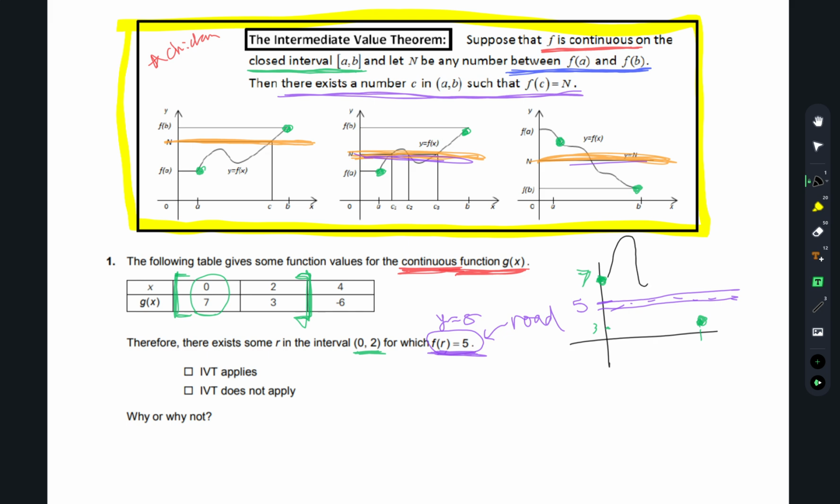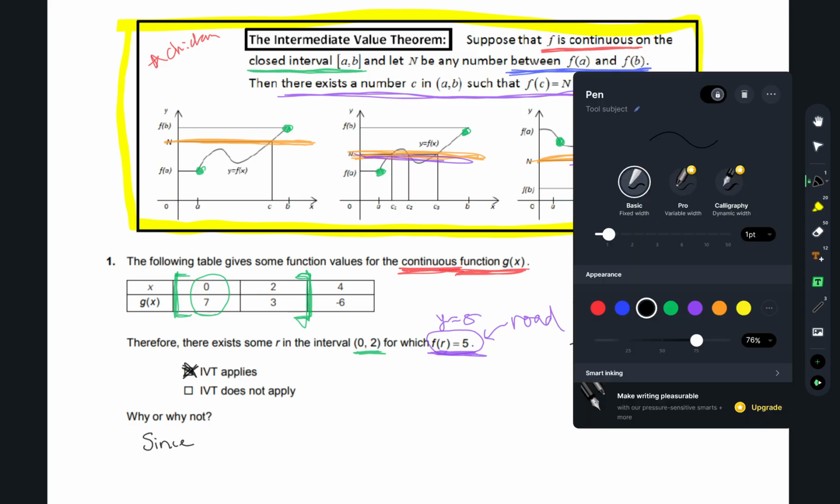Keep in mind, it can be a wild chicken. The chicken is wild, but it could be continuous. So now, as far as if it applies, you would say, yes, it would apply. And this is how you would explain it. So you basically are following that little box.